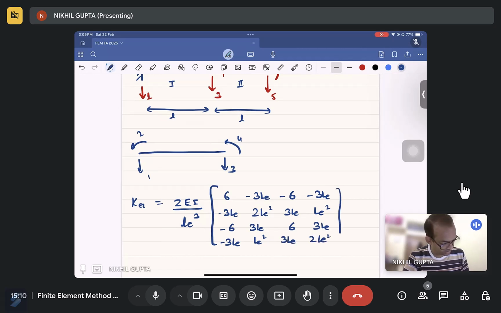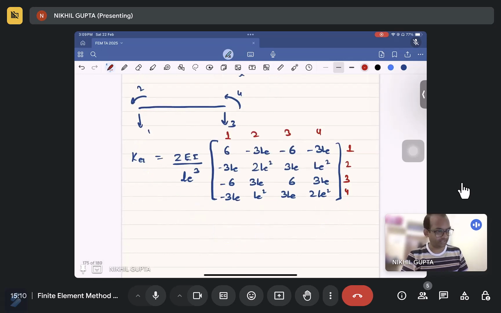Since it is written for one element, these are the 1 2 3 4 degrees of freedom, and similarly 1 2 3 4 for this elemental stiffness matrix.